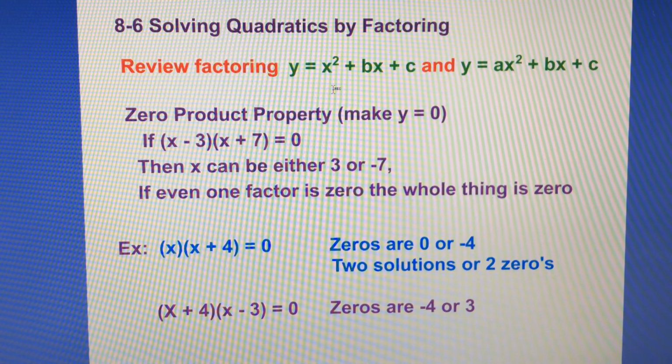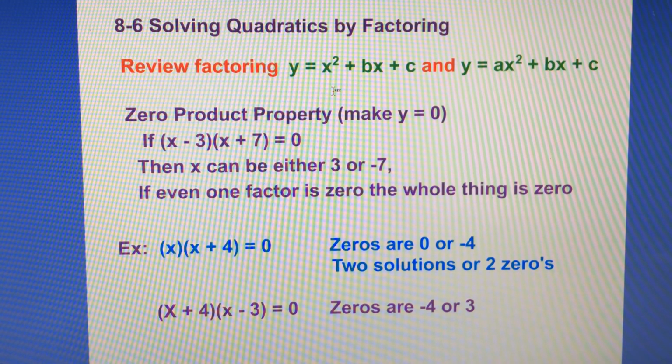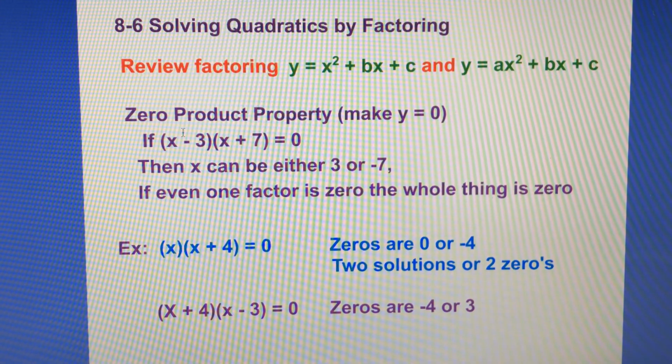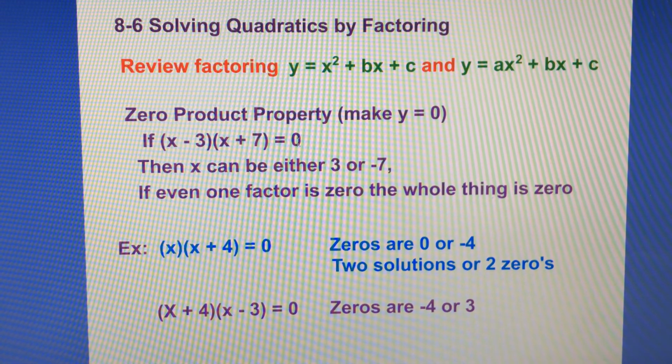Pretend you have factored it and you now have your binomials. Your zero product property means make y equal to 0. So let's say this is my factoring of a quadratic trinomial: x minus 3 times x plus 7 equals 0.